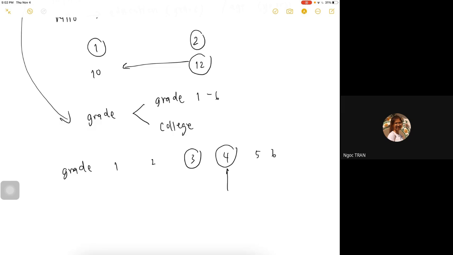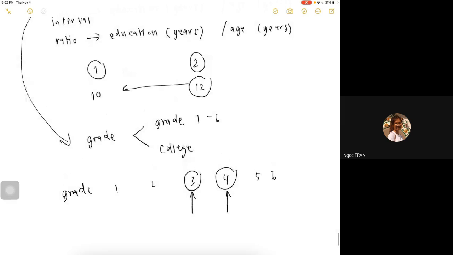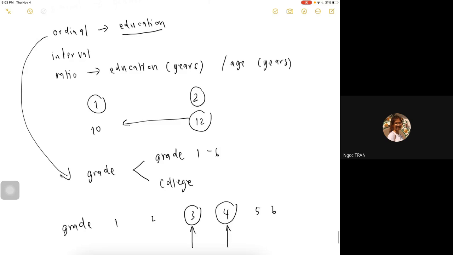So people who study in grade 4 will have a higher education than people who are studying in grade 3. But you cannot say how many years they are different. You can compare that this one is higher, this one is lower, but you cannot say the amount that they are different. So that is the characteristic of an ordinal variable.